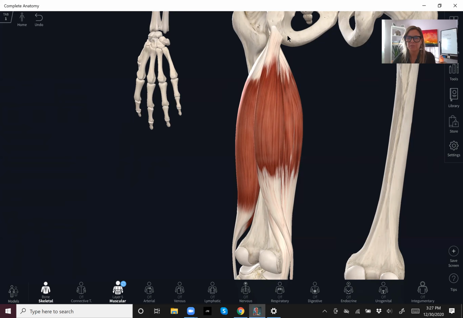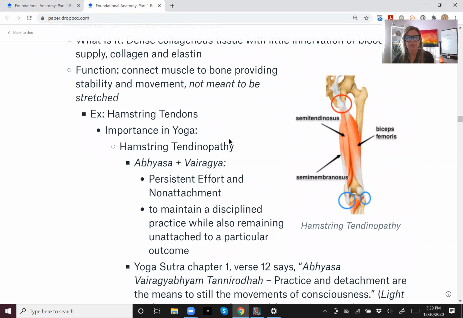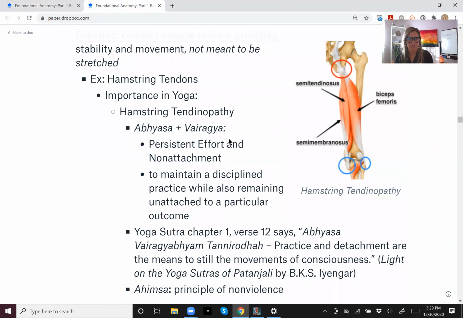And one of the concepts I just wanted to briefly touch on here, because you're going to get them in other sections from other teachers, is that with this particular muscle, we really need to be conscientious of this tendon. So one of the things I want to point out is this concept of ahimsa.